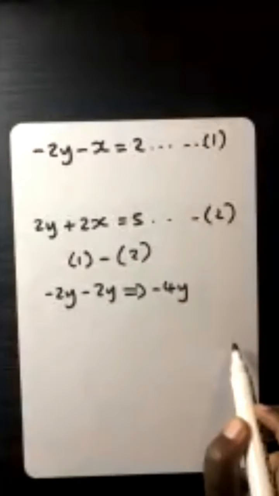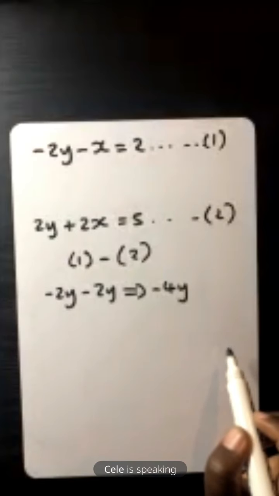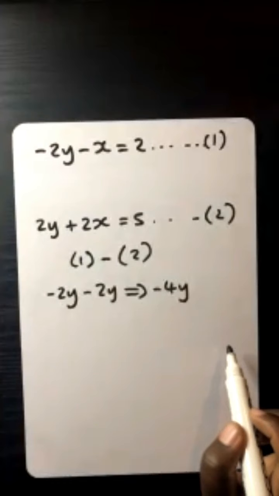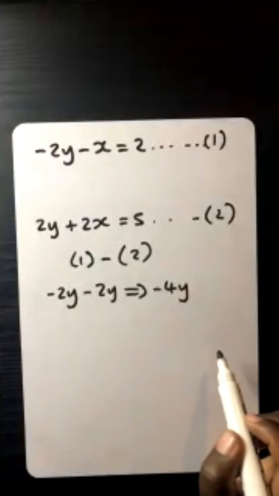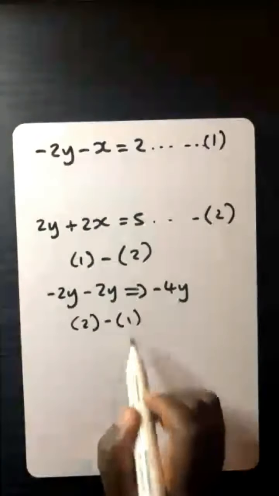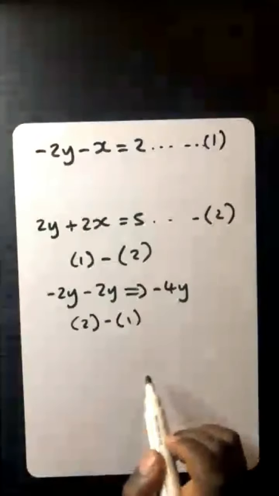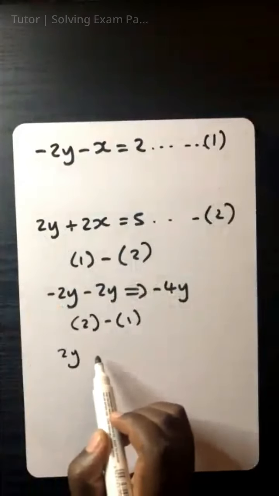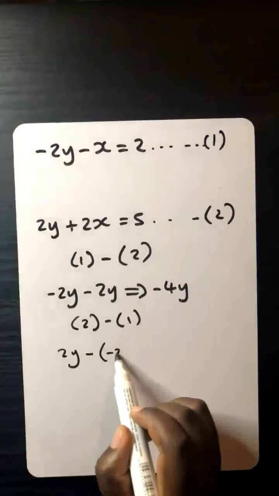I'm not sure if you get that part. Yes, I got it. I also got negative 4y. Okay, so that means even if we say equation 2 minus equation 1, you still have 2y, then you minus equation 1, which is minus 2y.